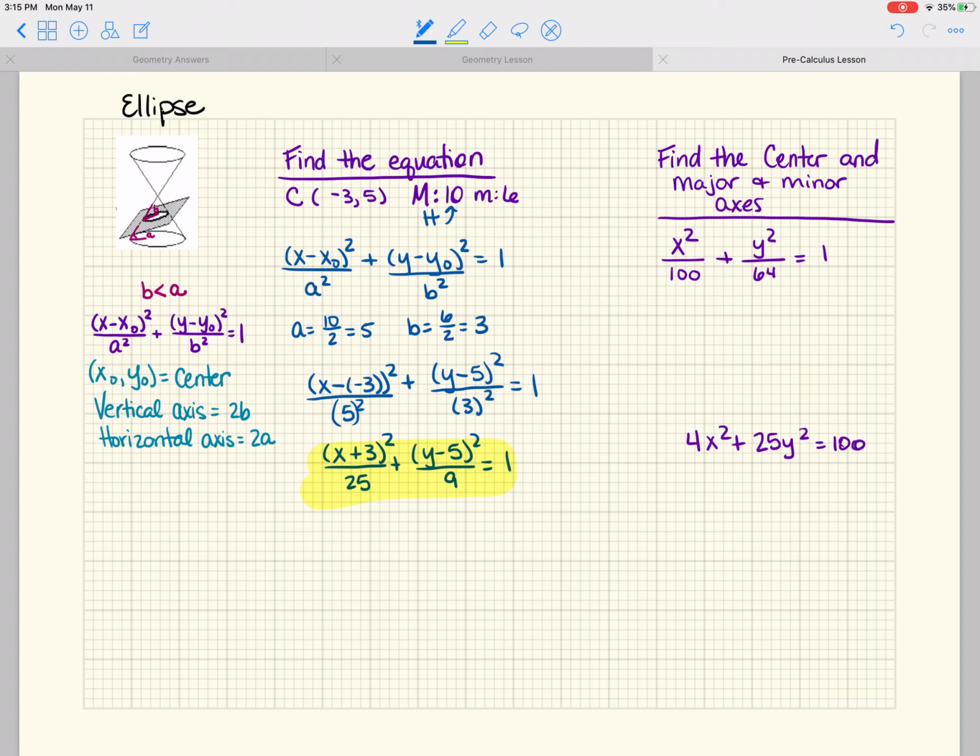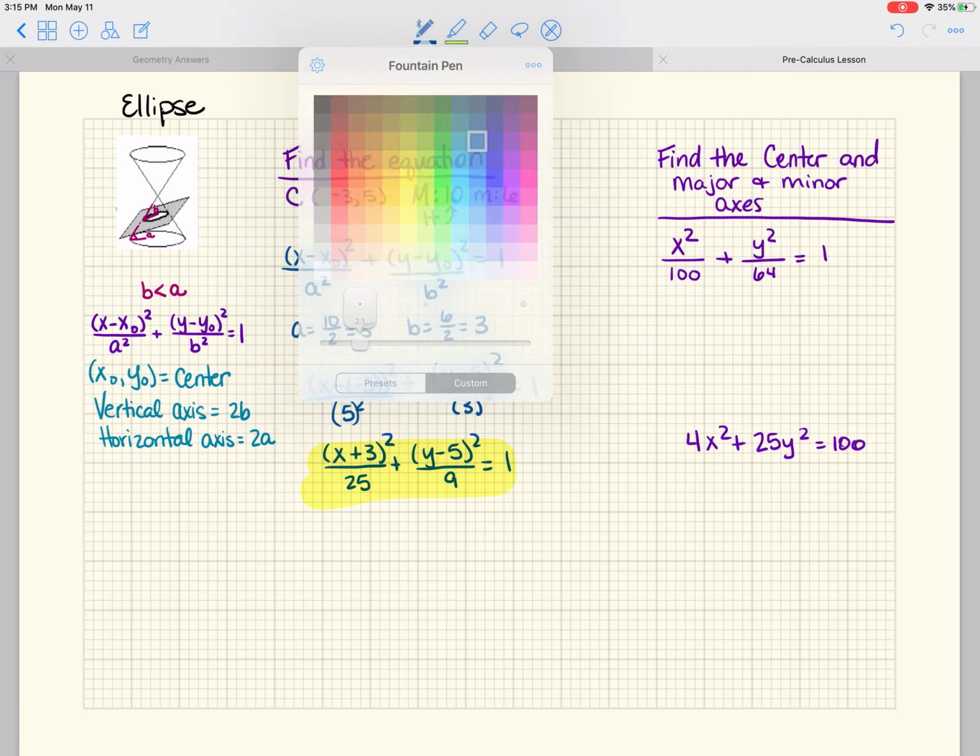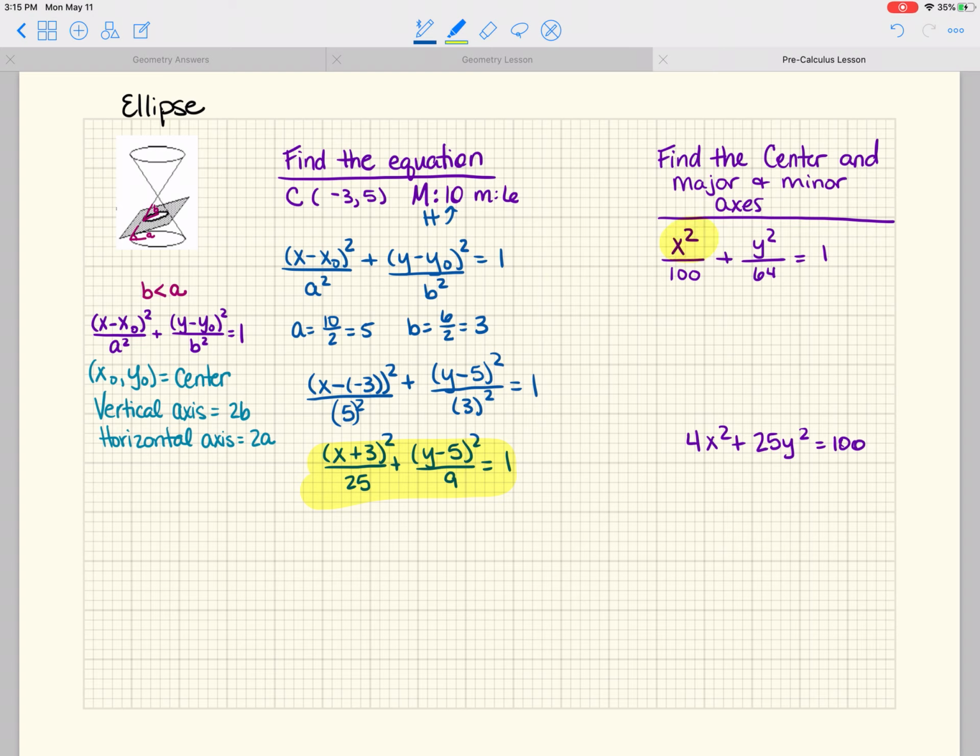All right, working the other direction to find the center and major axes. The center is going to be the value that's being added or subtracted to our squared terms. So in this case, our center is at 0, 0.